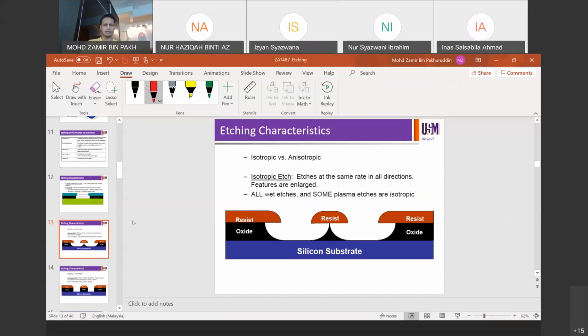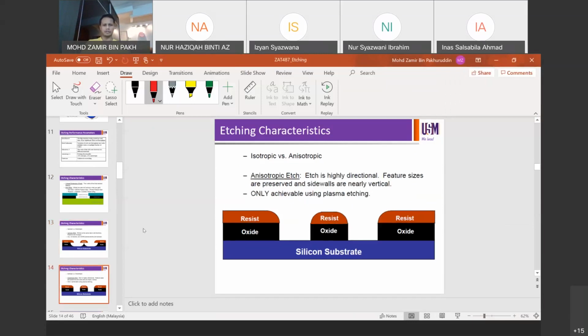Okay. On the other hand, if you see something like this, then it's due to the anisotropic etch, because one direction is etched more than others. So you akan nampak straight feature, macam resist punya feature. So anisotropic etch is highly directional, feature sizes are preserved, and side walls are nearly vertical.